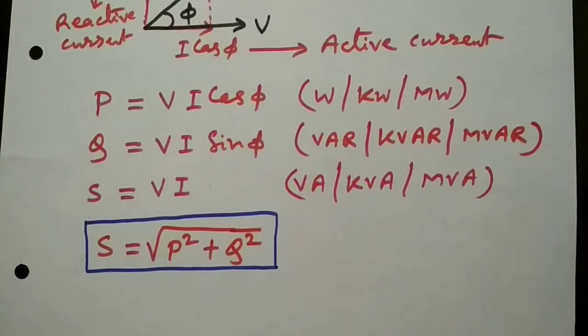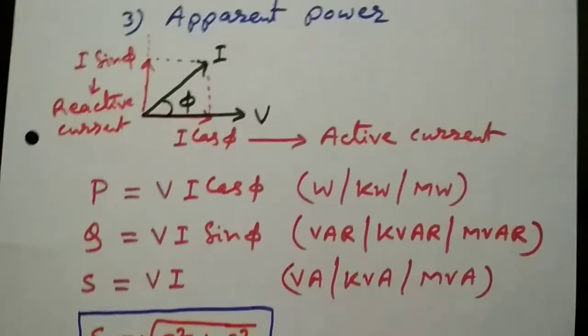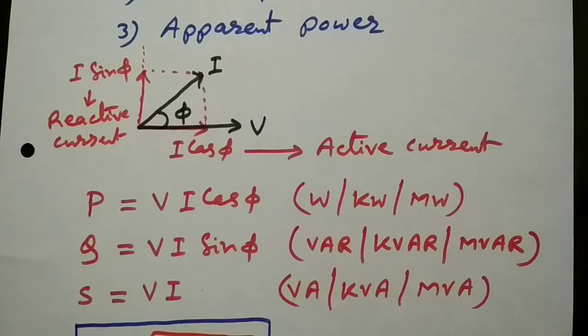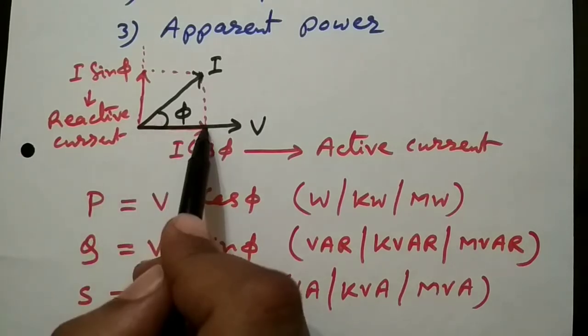Now if we draw these three currents in the form of a triangle, it will be I cos phi.